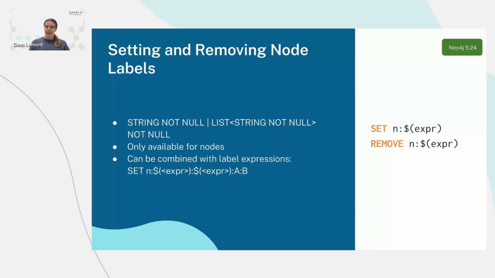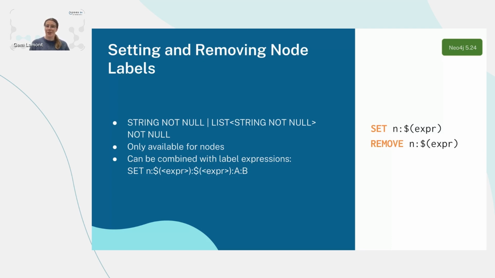The additional syntax is a $ with some parentheses, which surround an expression. This kind of expression can be pretty much anything as long as it evaluates to a string or a list of strings, and it can't be null. The same rules apply for labels: it can't be an empty string or contain null Unicode characters.